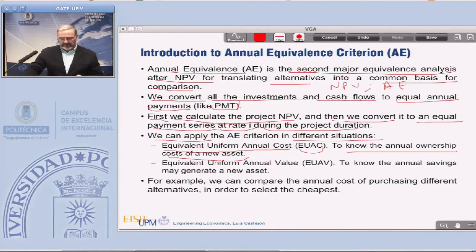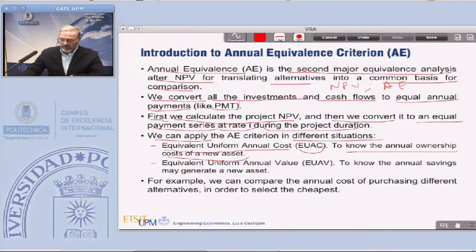This is a very big tool for companies because they invest in assets, facilities, and so on. They have operation and maintenance cost every year for keeping those assets or machines or facilities in good use.